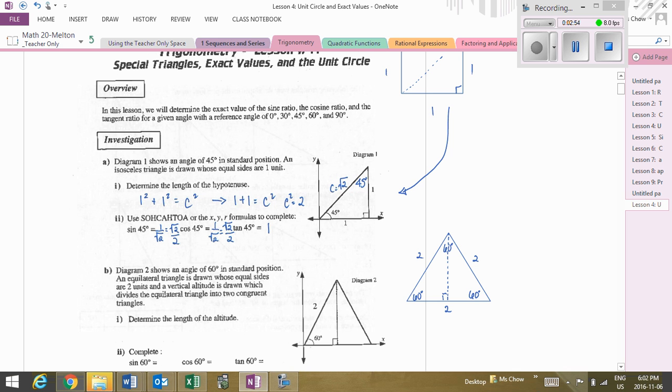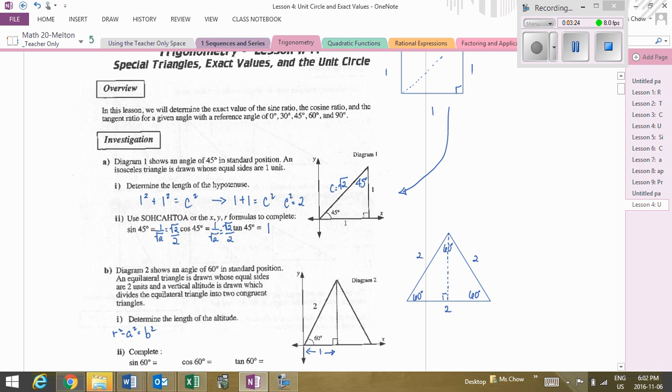All of a sudden our bottom length here is just 1 unit from here to here, which is our x value, or adjacent to our 60 degrees. The altitude, or the height, is going to be found using Pythagorean theorem again. So we know that r squared, if we say that our hypotenuse is r, minus a squared is equal to b squared.